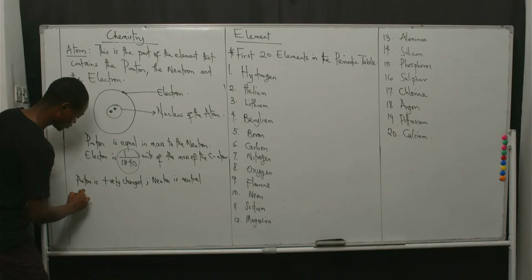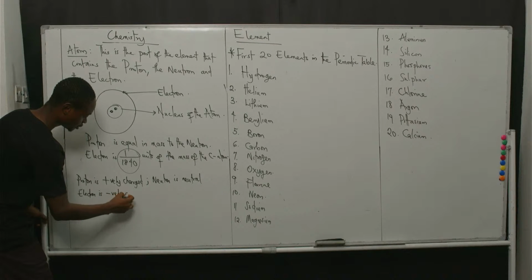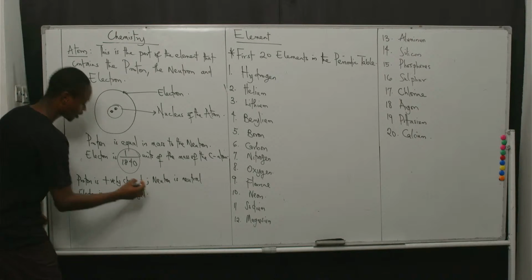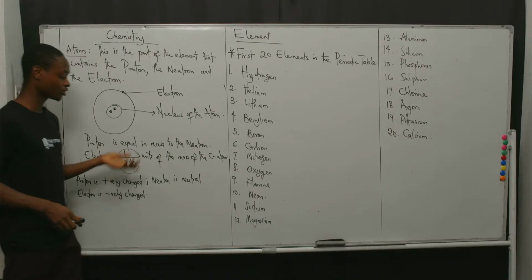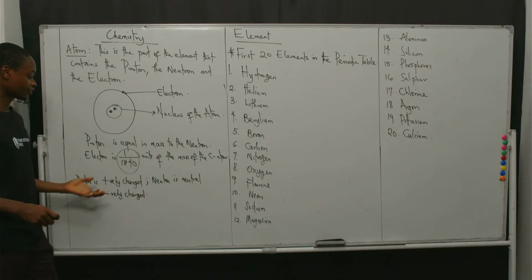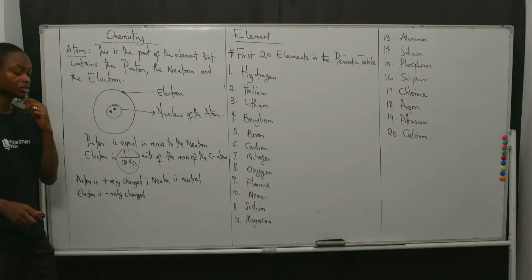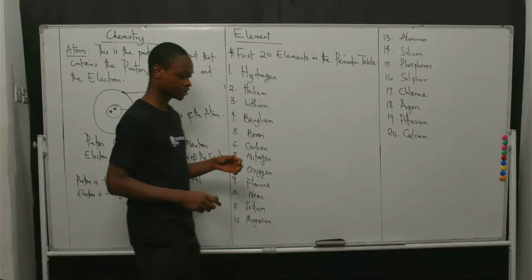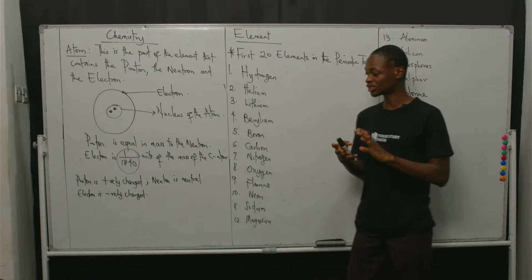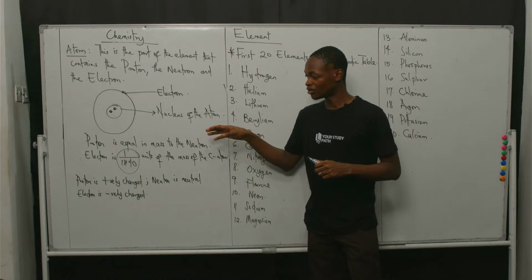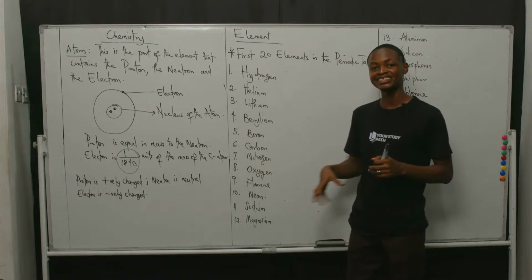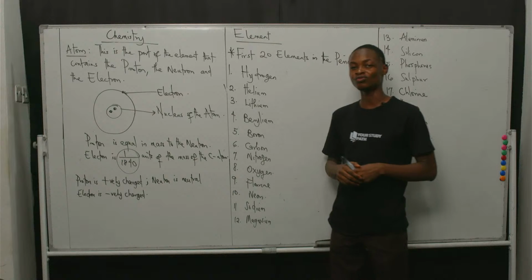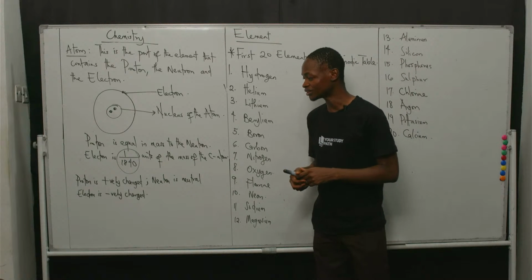And then the electron is negatively charged. So this is very important. The proton is positively charged, the neutron is neutral, and the electron is negatively charged. So this gives you a good mix of not just the mass of the constituents of the atom, but also the charges for each constituent of the atom. Now, that is very, very important.